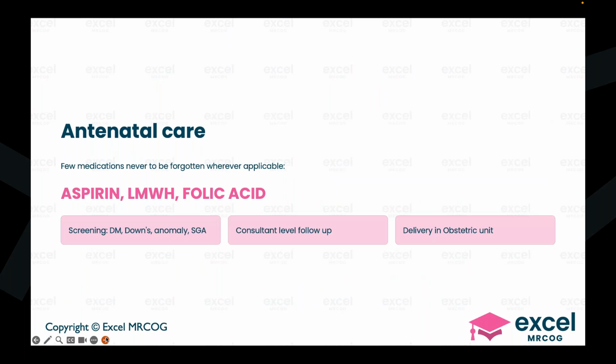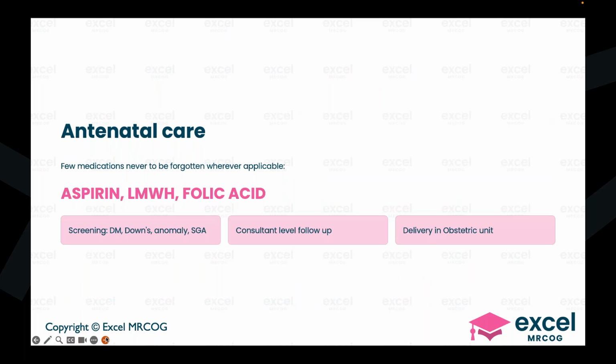In antenatal care, I have highlighted these three drugs because in antenatal patients, you don't prescribe drugs just like that. These are the drugs that are given: aspirin, low molecular weight heparin, folic acid. But if you forget these, that's going to go against safety.